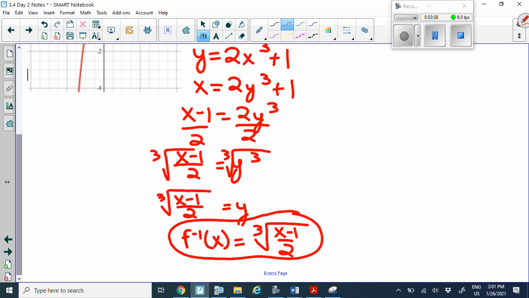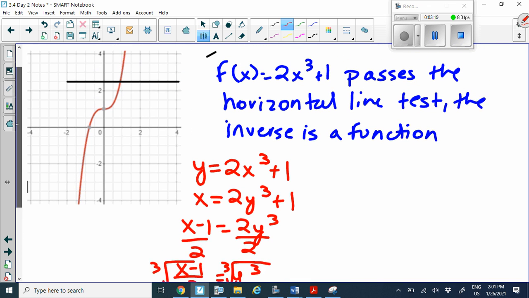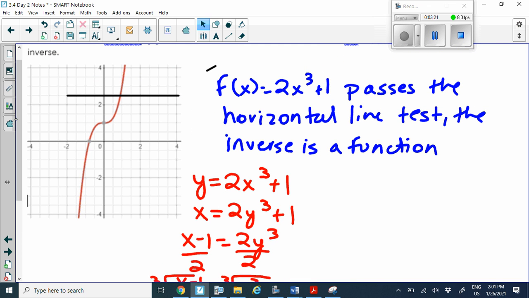Okay. Now our last thing, and we didn't see this in the instructions, but we're going to do it anyways. We're going to find the domain and range of the original function and its inverse. So let's determine the domain and range of the original problem. Remember, domain deals with the x. Looking at our function, notice that the x's go on forever in both the negative and positive direction.